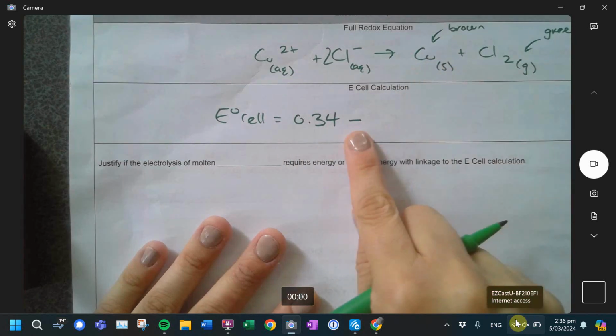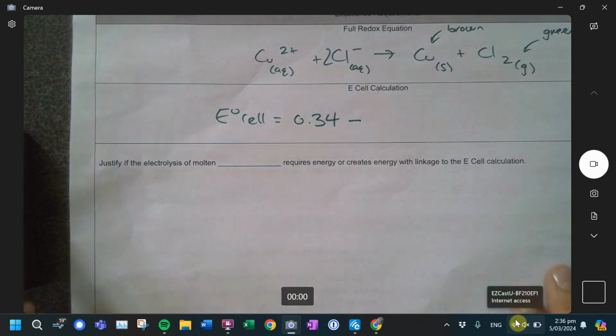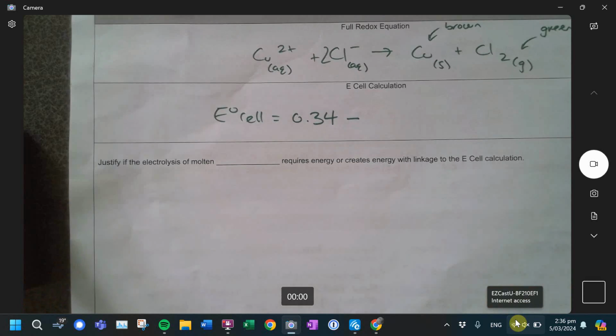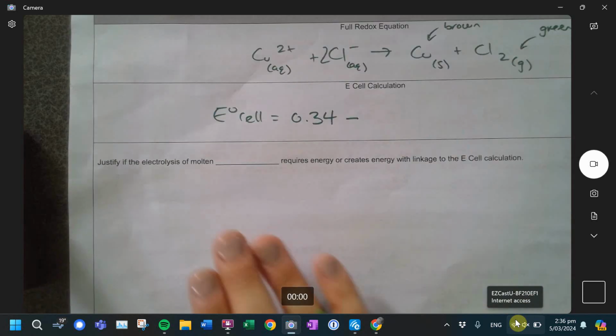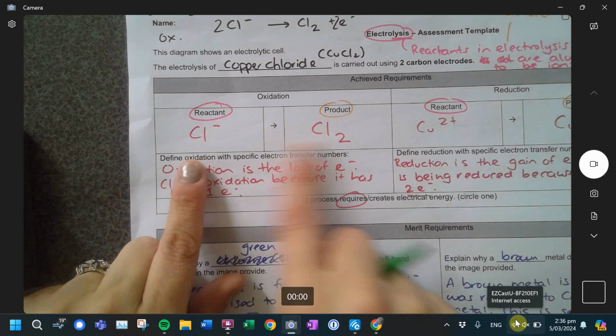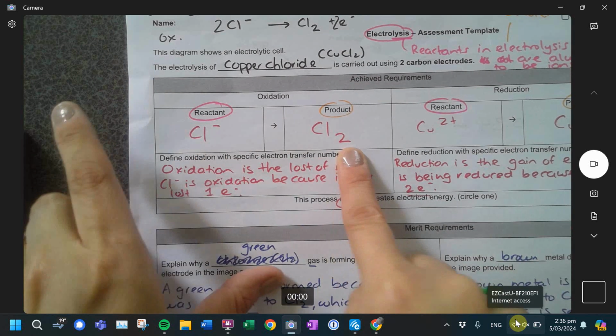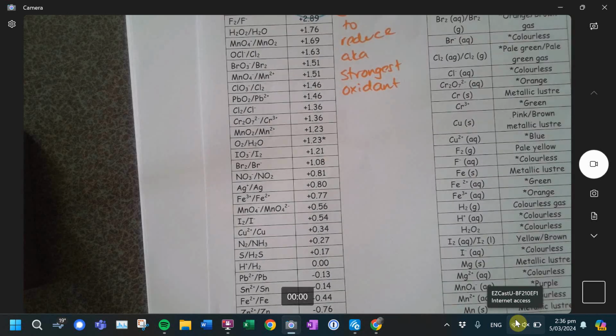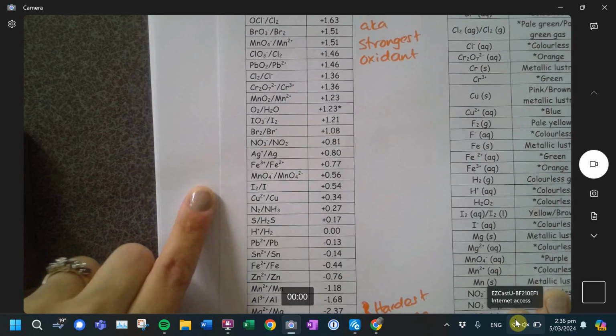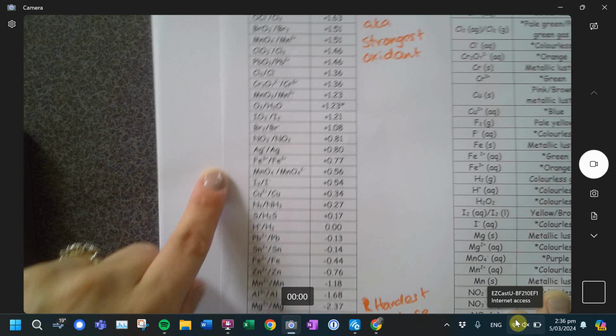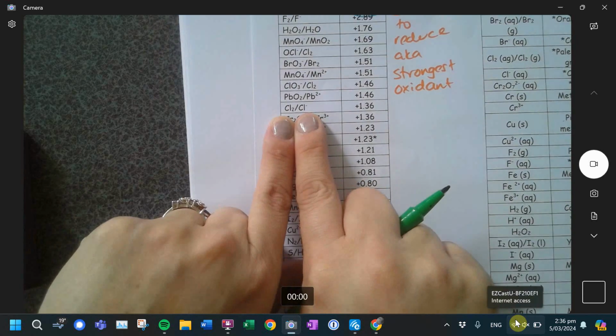And then I'm going to subtract away the oxidation reaction, which is, again, what I see here with my instruction. So if I go back to my other page, I see that the oxidation reaction was chloride to chlorine. So I'm looking for the chlorine pair, which is 1.36, you're saying? Here it is. So here's my chlorine pair.